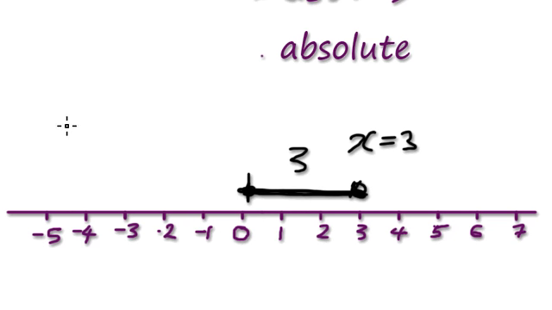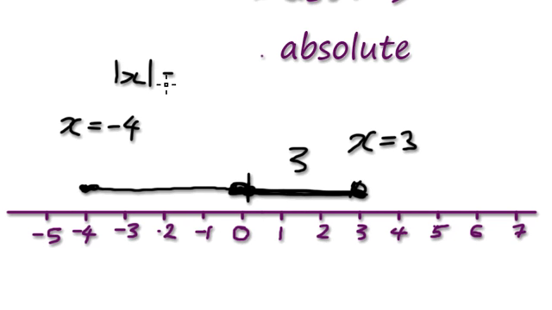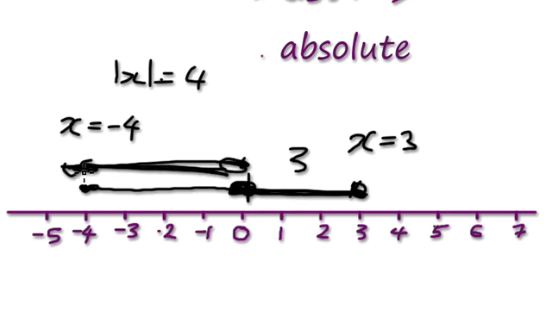Let's look at when x equals -4. The absolute value of -4 is the length, or the magnitude, from the 0 to here. So when x equals -4, abs of x would be 4, because you only care about the length from 0 to here.